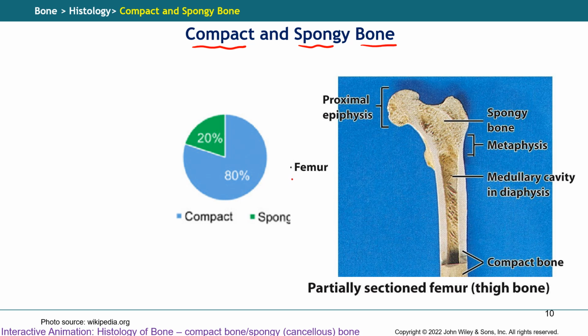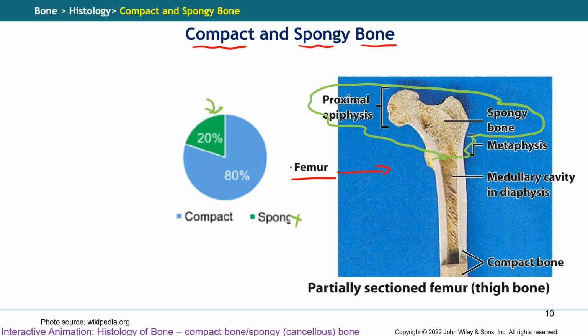And to do that, again, we have our friend, the long bone that is the femur. And now I'm going to show you two different types of bone tissues. Here you find this one, that represents 20%. That is the spongy bone. And why?